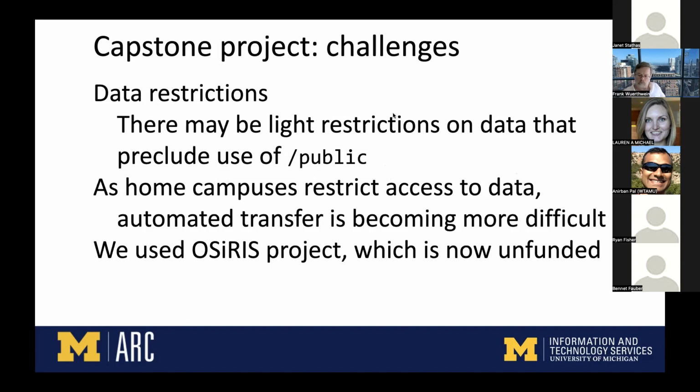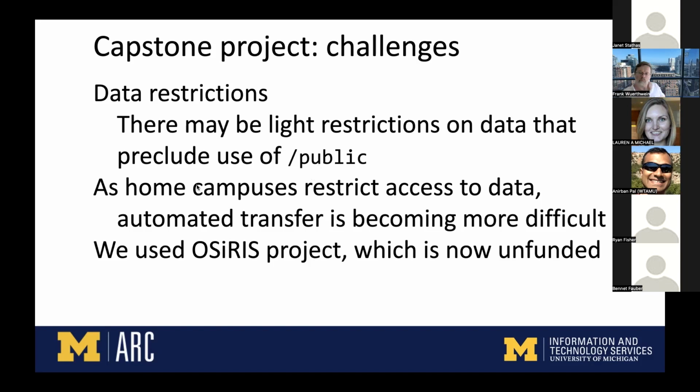So the data restrictions, we did have very light restrictions on these data. In both cases, the data are fully intended for publication and open public access by the government, but they were in a pre-release state, so the full quality analysis hadn't been done.